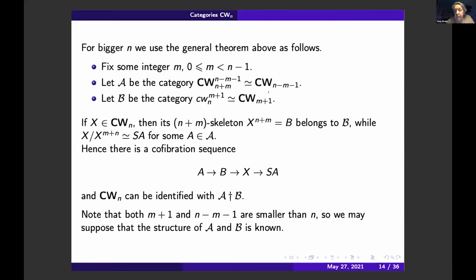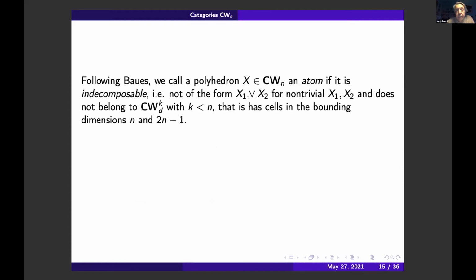Note that these indices are smaller than n, so we may suppose that we already know the structure of these categories. And then we construct the bigger one.